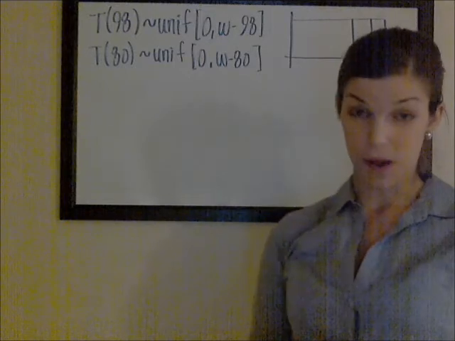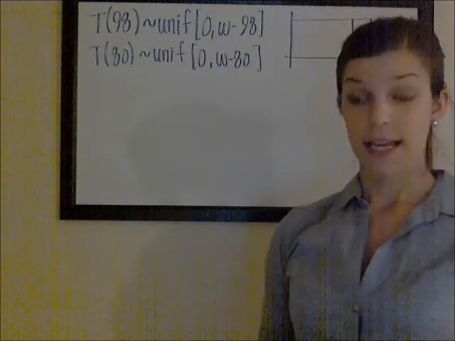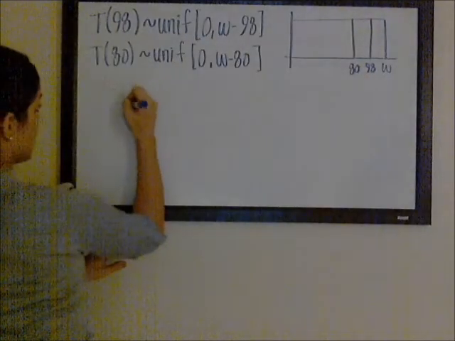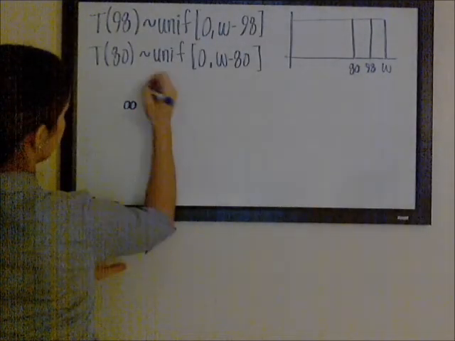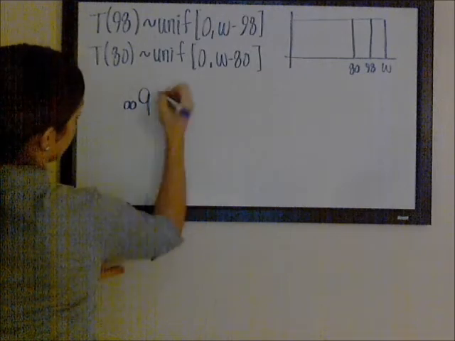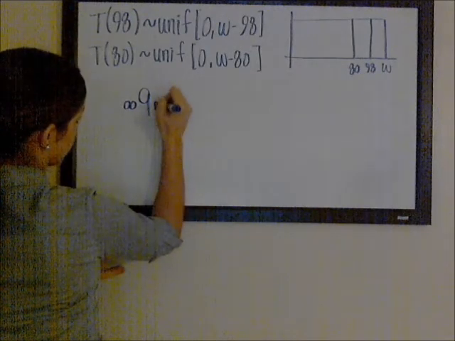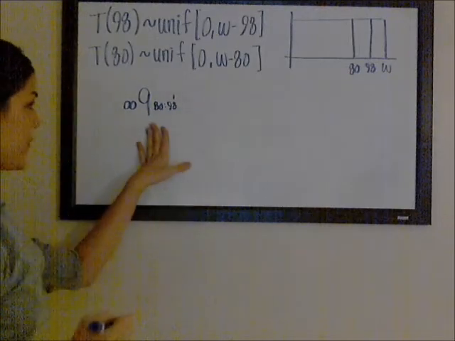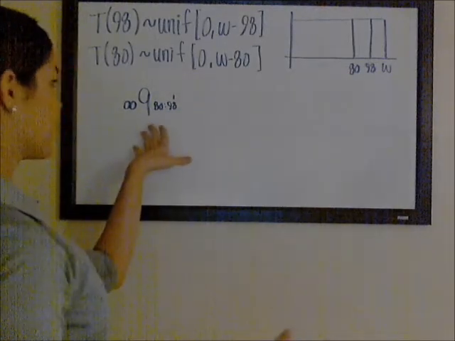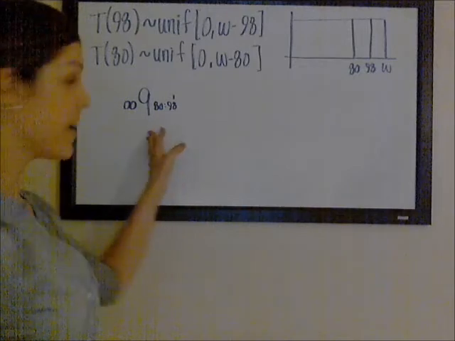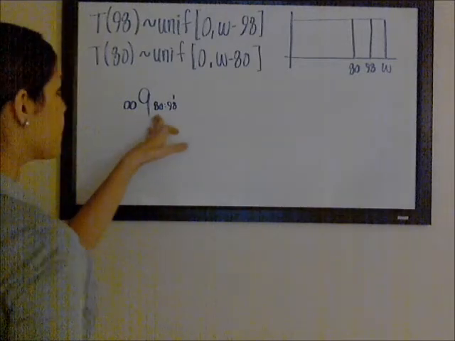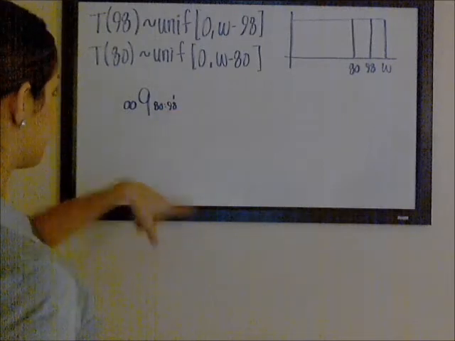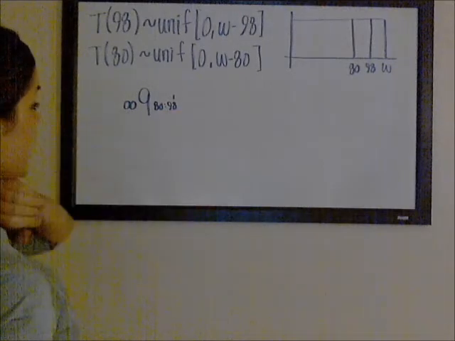And we want to know the probability that the 98-year-old dies first. In other words, we can write this as Q80;98, with the little one above it, just in case you can't see it, and then an infinity out to the left.